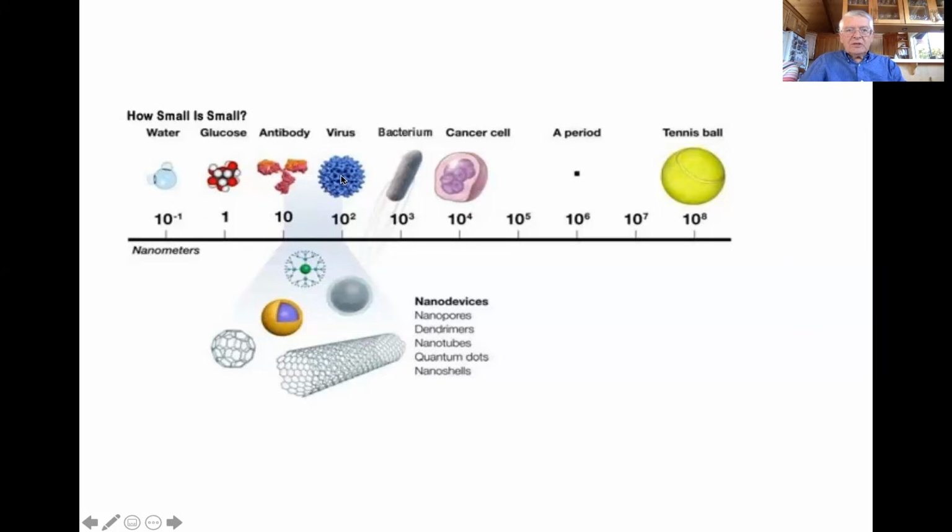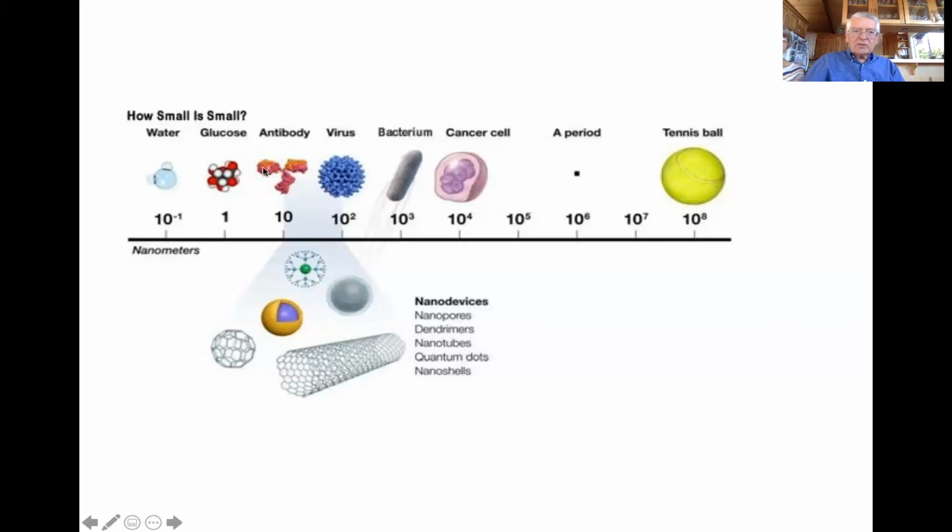But when you start to look at molecules, you go down even smaller. So a protein, like an antibody protein, compared here, is about 1/100th the size of a bacteria, the diameter. But a sugar molecule is like 1/1,000th.